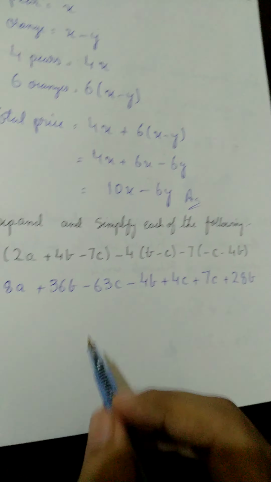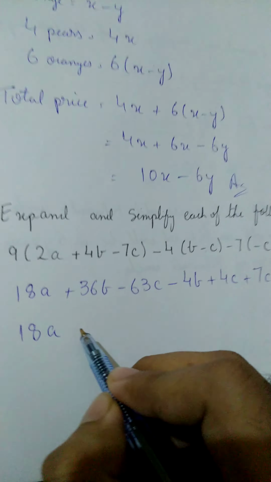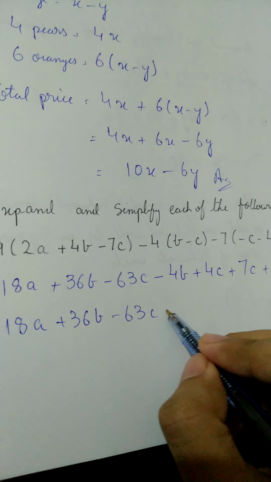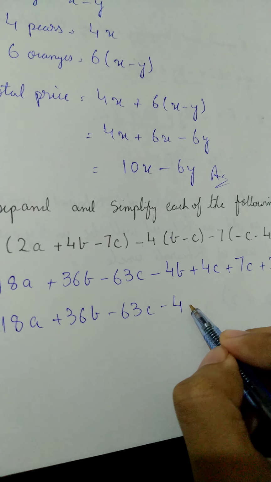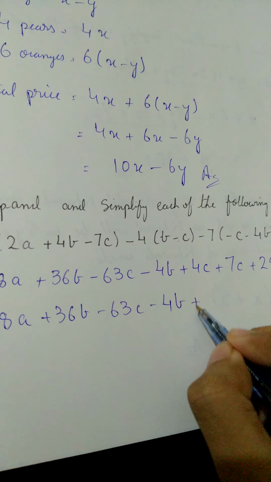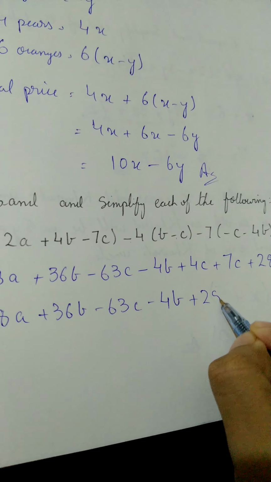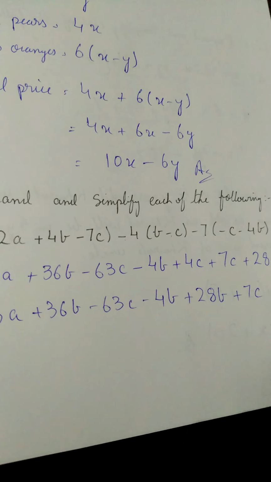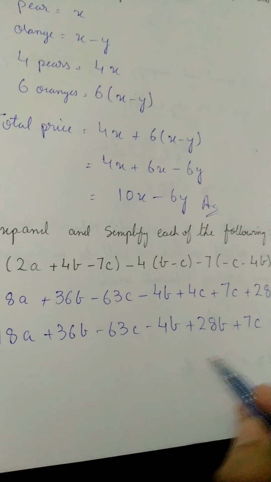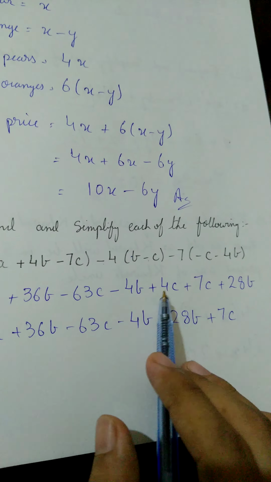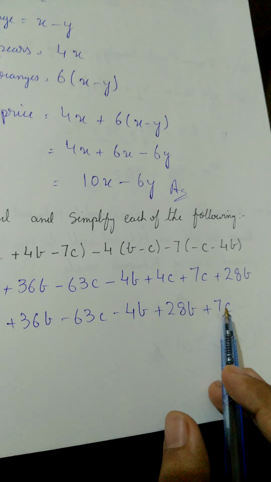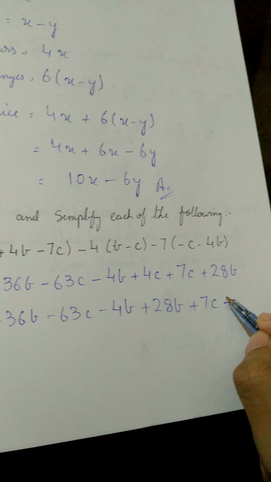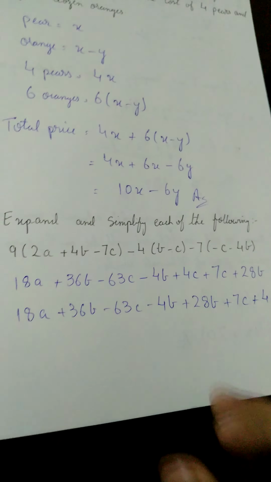So let's arrange them. 18A plus 36B minus 63C minus 4B plus 28B plus 7C. Let's count them. 1 2 3 4 5 6 7. 1 2 3 4 5 6. Okay, one is missing, and yes, this 4C is missing. So here we have all the values.